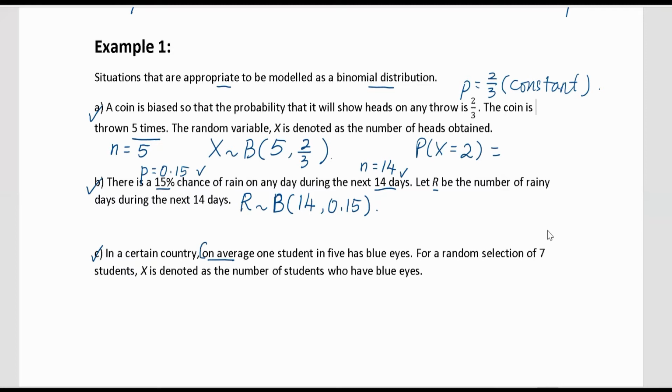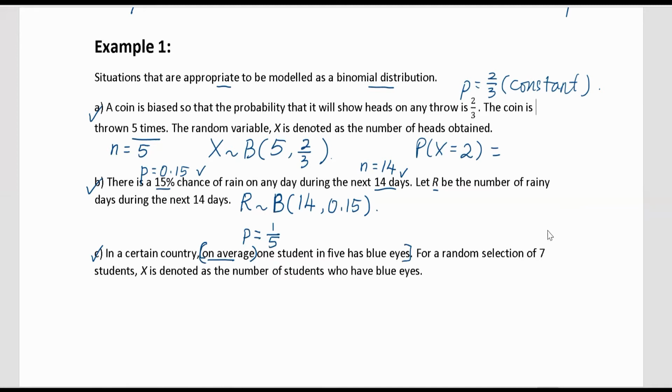It's actually telling you the probability for a student to have blue eyes is 1 out of 5. This on average is the keyword. When you're given a sentence like this, on average, 2 out of 5 or 3 out of 10, and so on, that is telling you constant probability.